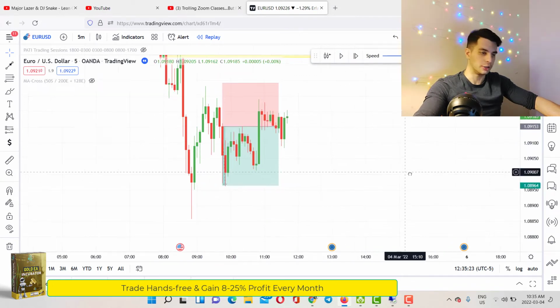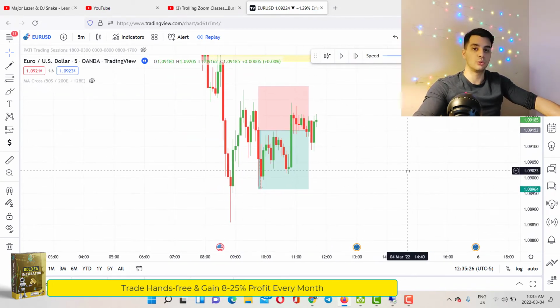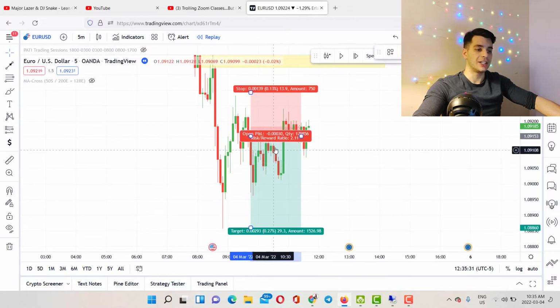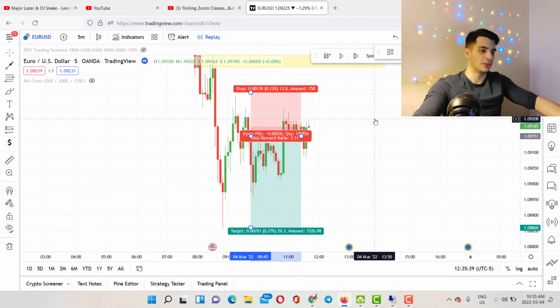I always close after a 1-to-1 risk to reward ratio trade, because if I wanted to hold it, I can see another head and shoulder pattern that actually shot up, and we have a very strong bullish engulfing candle right here that kind of destructed everything.